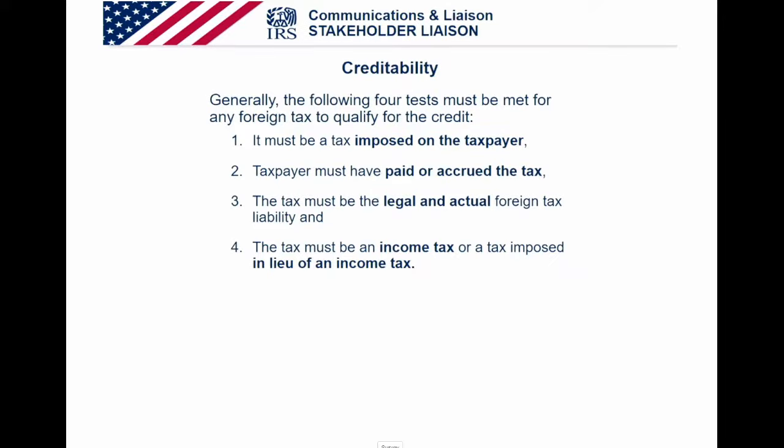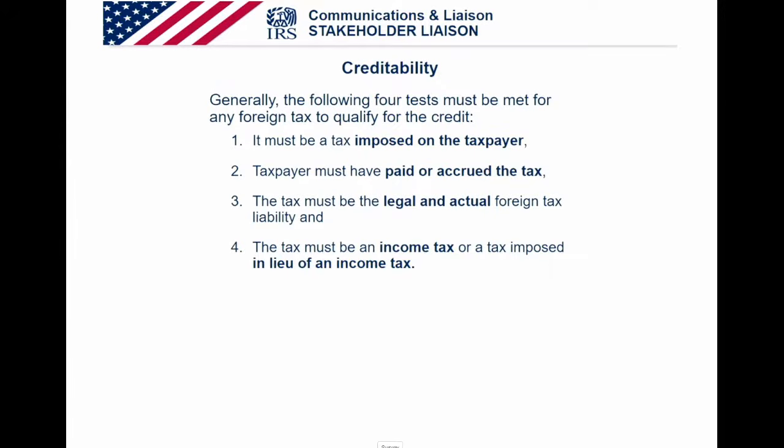And for partnerships with taxable years beginning after December 31st, 2022, a partnership's application of the temporary relief for relief year will cause a partner to be required to apply the temporary relief for the relief year to all other foreign taxes for which the partner will be eligible to claim a credit as provided in IRC Section 901, unless the partner does not control whether the partnership applies the temporary relief for the relief year.